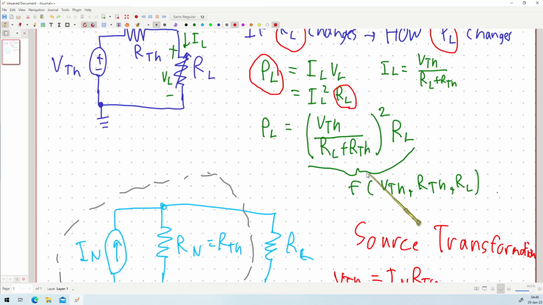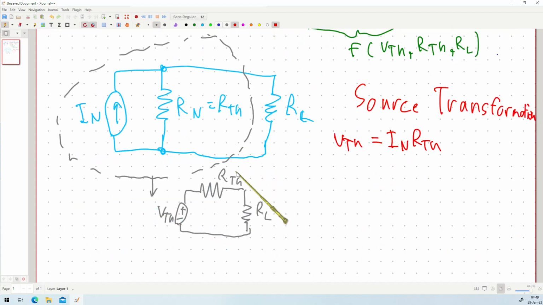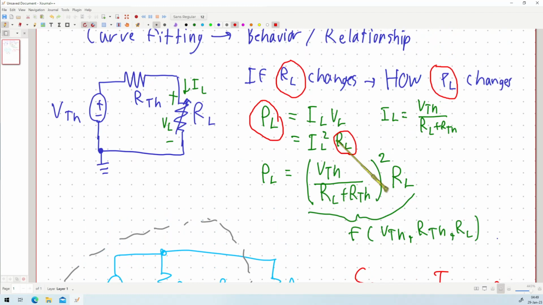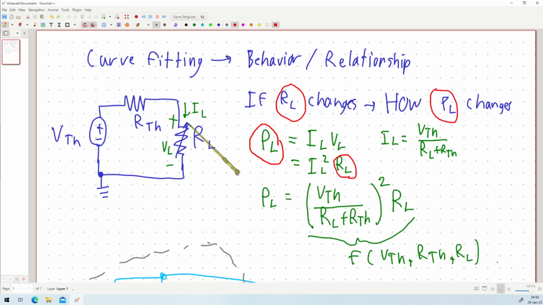We can use this PL function to optimize both Thevenin's and Norton's equivalent circuits, or in the full circuit, we can regard the full circuit as Thevenin's equivalent circuit, and that's why we can do the same curve fitting for all experiments. To recap, this curve fitting can be used to see the behavior or relationship. In this case, we would like to see when RL changes, how PL changes.